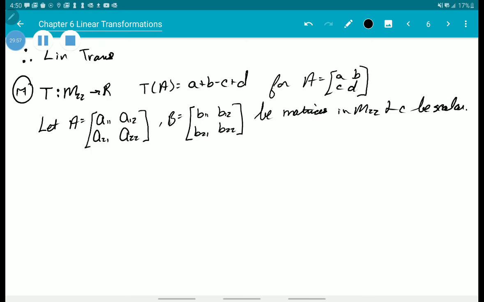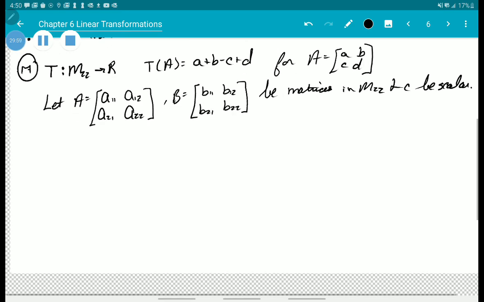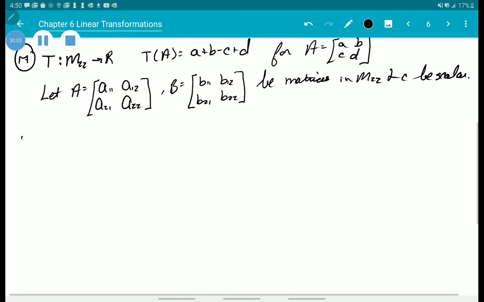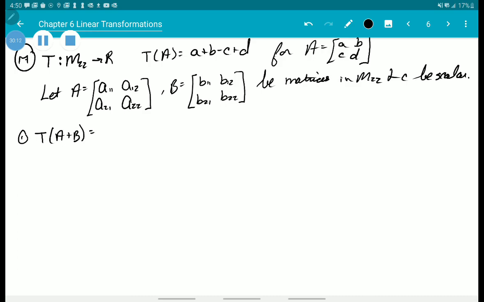And then we can use C for a scalar since we haven't used C inside that matrix. So remember what this rule is saying. So let's look at the transformation of A plus B. I'm going to go ahead and add those together.